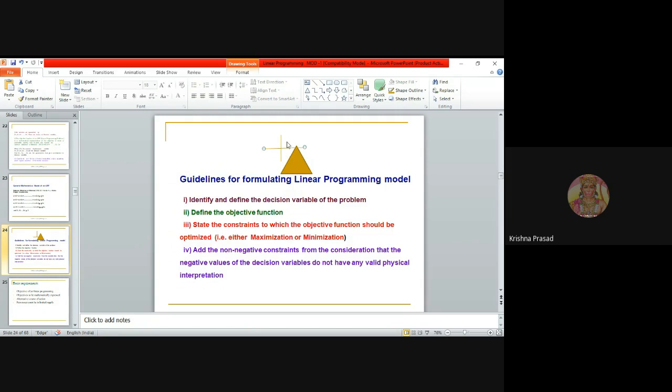This quadrant is called the positive quadrant. All these three are negative quadrants, and this is the positive quadrant. And our main objective is to cut down the cost or make profit. So you cannot put any answers in these three quadrants. The variables which you take should be from this quadrant. So we call it non-negative constraints.